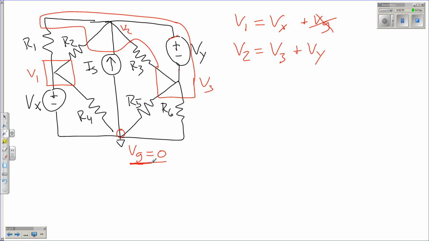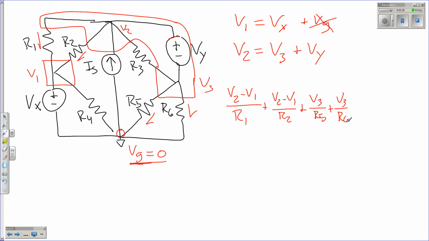So first we've got some kind of easy ones. We can see a current leaving here, current leaving there, and then 2 more currents leaving up there. So I'm going to start with the easy ones. V2 minus V1 over R1 plus V2 minus V1 over R2 plus V3 over R5 plus V3 over R6.